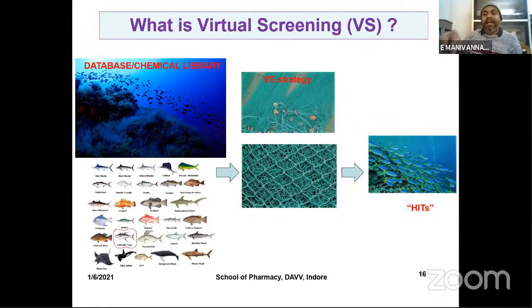For selecting that, you are making a specific net, so that is the virtual screening strategy. That will lead to the successful identification of a selective bioactive molecule from the large chemical space, aided by the virtual screening strategy. This virtual screening strategy we construct according to our need and requirement.